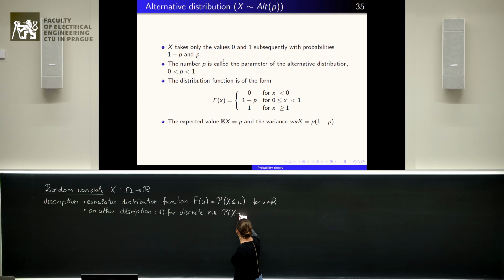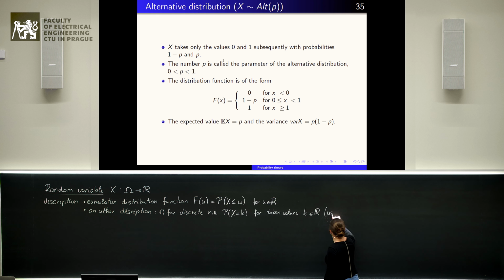the probability that X is equal to k for all taken values k. Again, they are from R, but usually we care about some numbers of events and so on.